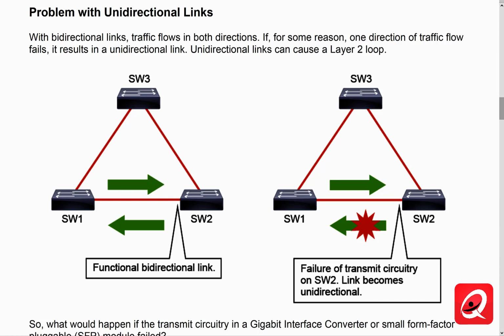So UDLD is not a spanning tree tool per se. It actually is a feature that we can run in lieu of spanning tree or without spanning tree, but it is often enabled with spanning tree in order to add additional protection.